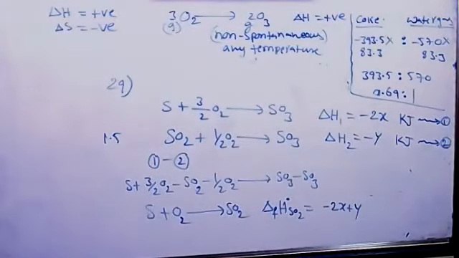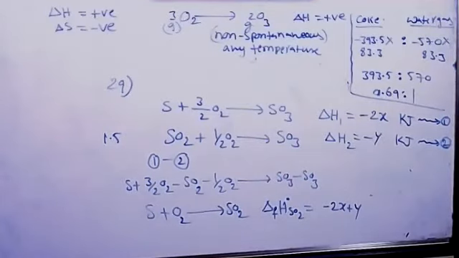Question number 30. If the bond energies of hydrogen, bromine and HBr are 433, 192, 364 kilojoule per mole respectively, what is the standard enthalpy for the reaction? Okay, here while calculating enthalpy changes, always we write product minus reactant.